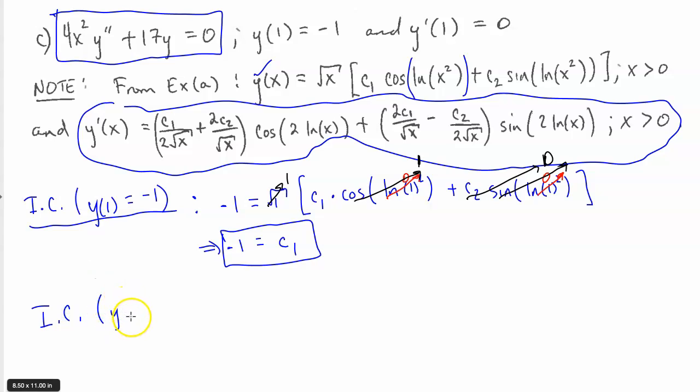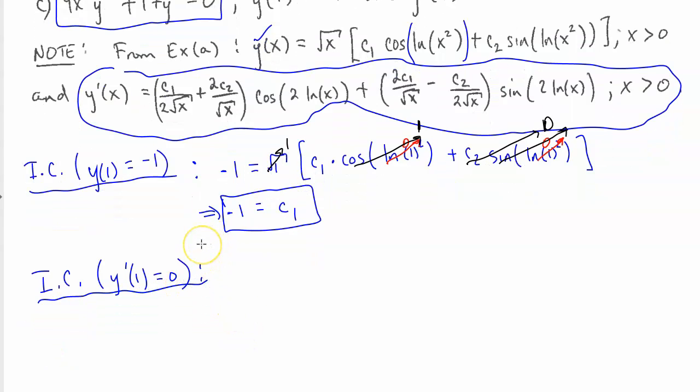Next, we check our next initial condition, which is y prime of 1 equals 0. I'm going to write this one down here since it's a little bit longer.